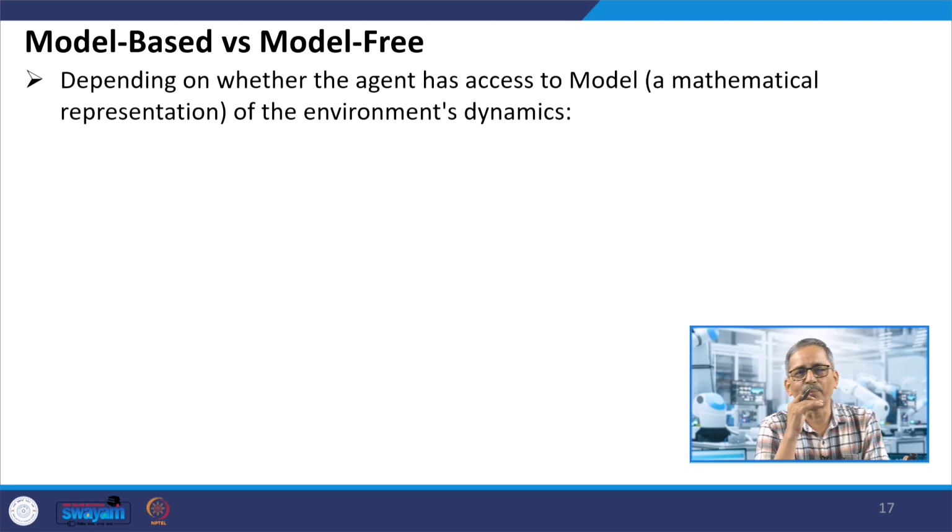Next important concept is model based versus model free. It depends on whether the agent has access to a model, where model essentially means the mathematical representation of the environment dynamics.